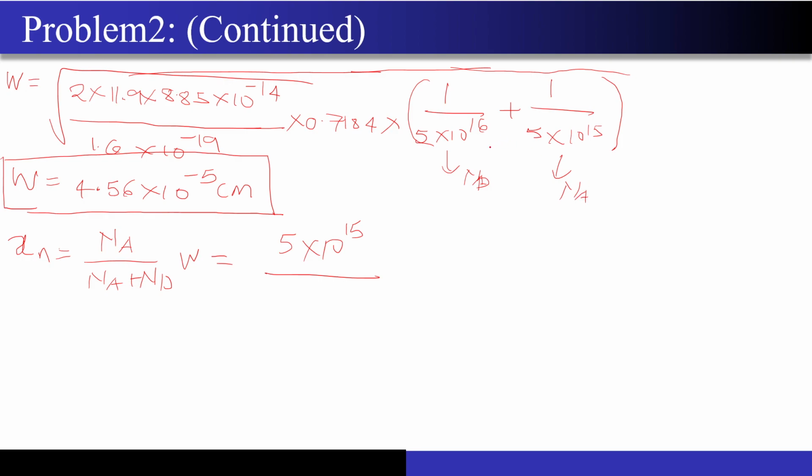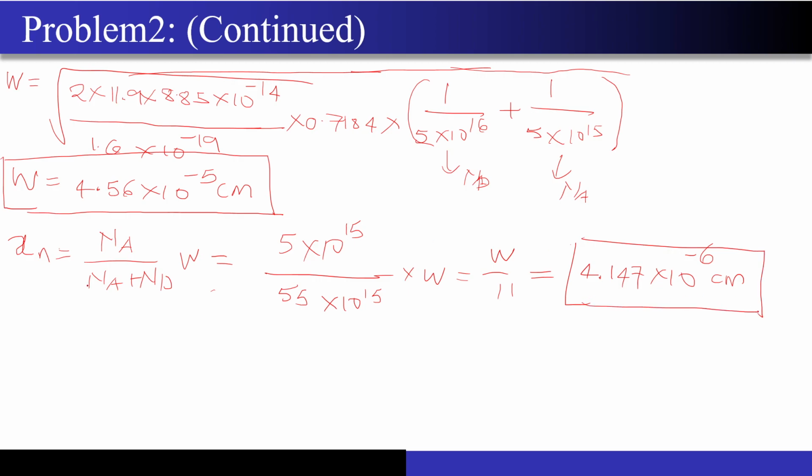So if I just add these two things, it will be like 55 into 10 to the power 15, into W. So it came out to be around W by 11, correct? So this value, if you found out, will come out to be around 4.147 into 10 to the power minus 6 centimeters. So I will just highlight it over here.